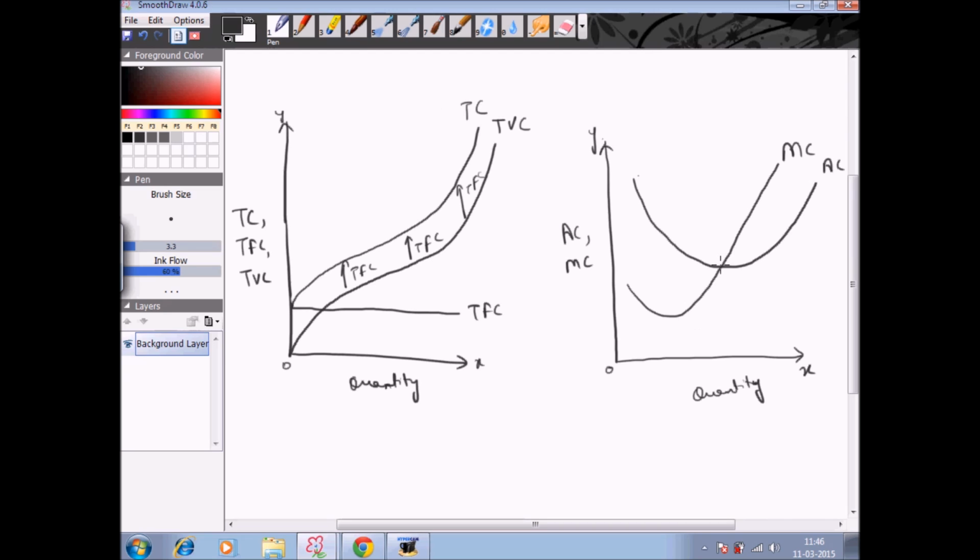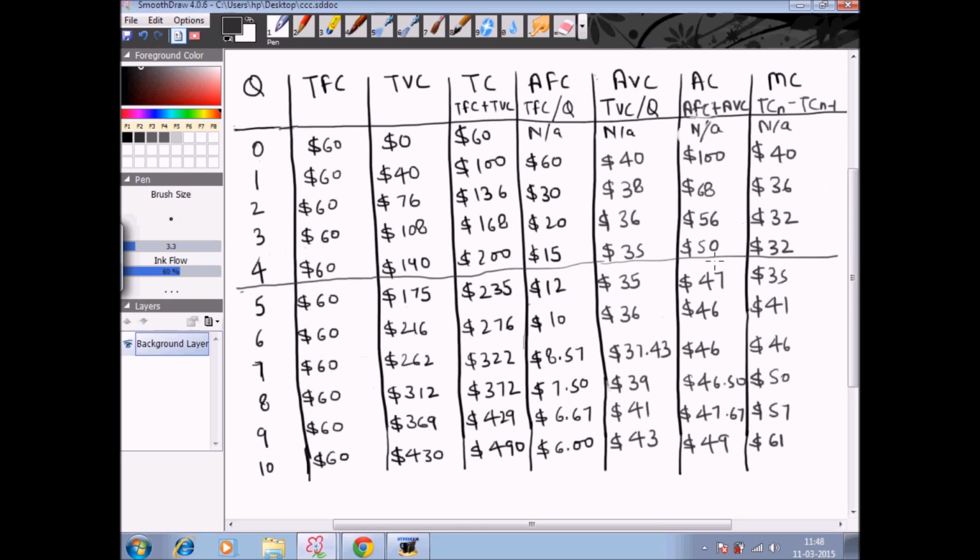Now analyzing the marginal cost and average cost, we get three types of pattern. Now you can see here that the marginal cost cuts the average cost from below, and that too at its minimum point. We can also see it through the table here.